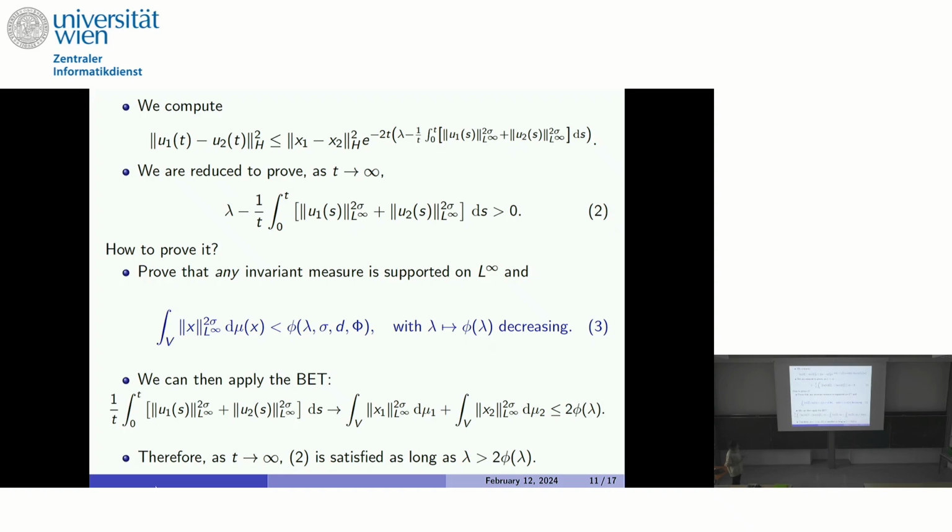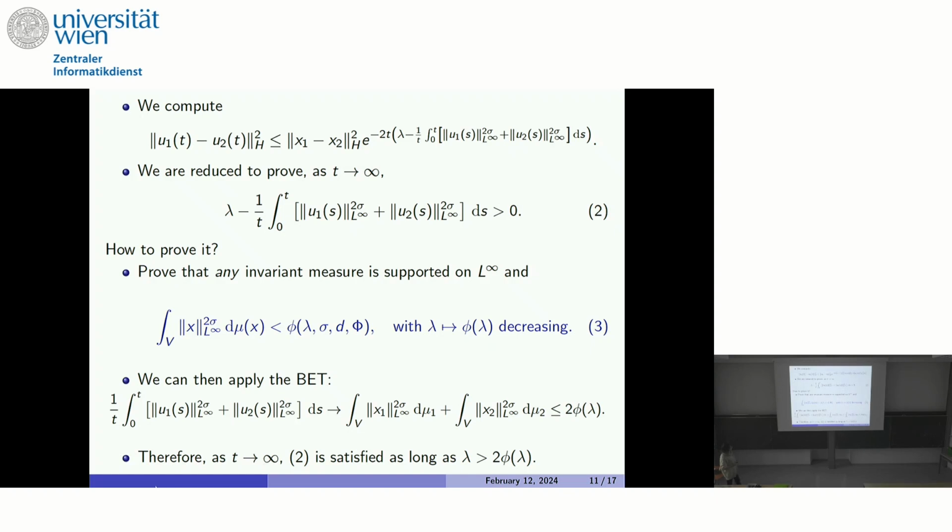If we prove that when time goes to infinity, this term that appears in the exponential is positive, then everything will go to 0 when time goes to infinity, and we can actually prove the result.